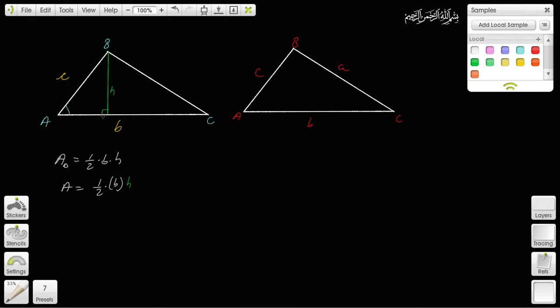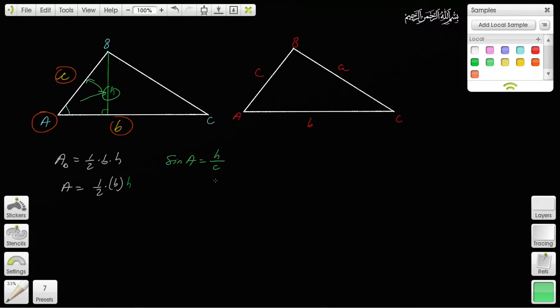But if you wanted to develop a formula where you could bypass this and just use what you're given, and in this case you're given c and b and everything else is unknown, then you would recognize that the height you can write in terms of angle A. Sine of angle A is opposite over hypotenuse, so sine of A is h over c.